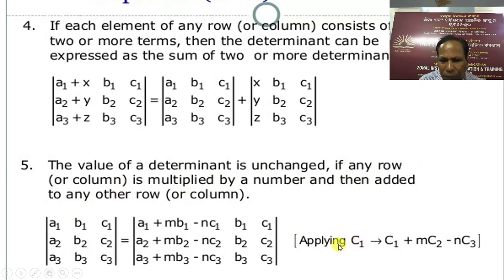So here we have applied C1 replaced by C1 plus m times C2 minus n times C3. By doing this, the value of the determinant remains unchanged. That means to a particular row or column, we can add or subtract a constant multiple of some other row or column, or sum of the rows or columns.